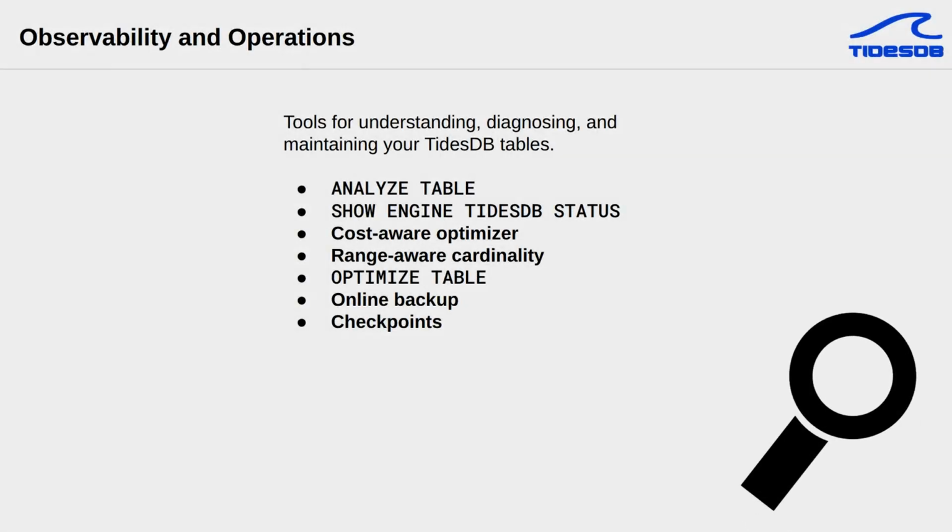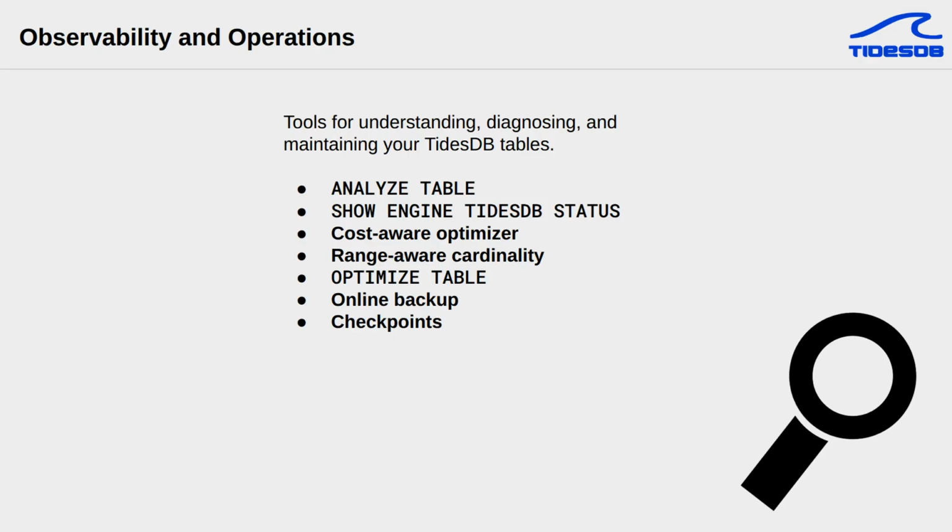We have a few observability and operation options. We have analyze table, which will give you per SS table key counts, mem table size, and information on that.